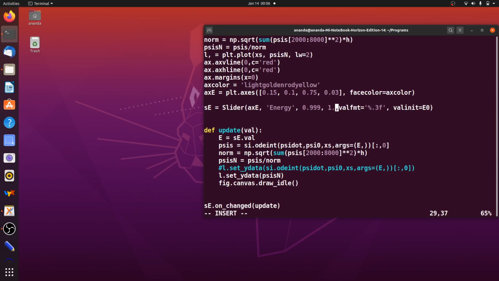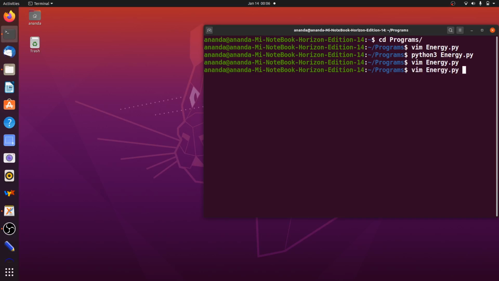So we are going to stay very close to 1 and see what happens. And what I'm going to do is also change this format for the printout for the value of the energy on the side so that it shows 7 decimal places. That's what the %.7f really is doing.